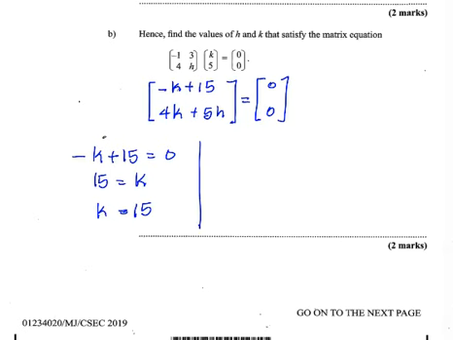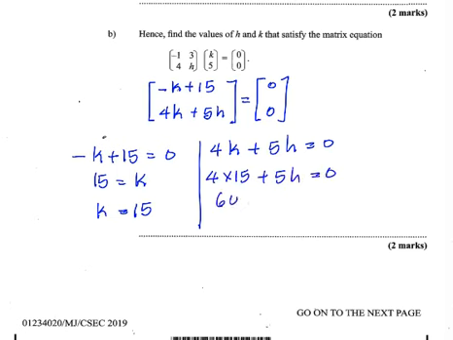Now at the bottom we have 4K plus 5H is equal to 0. But K is 15, so this is 4 times 15 plus 5H is equal to 0.